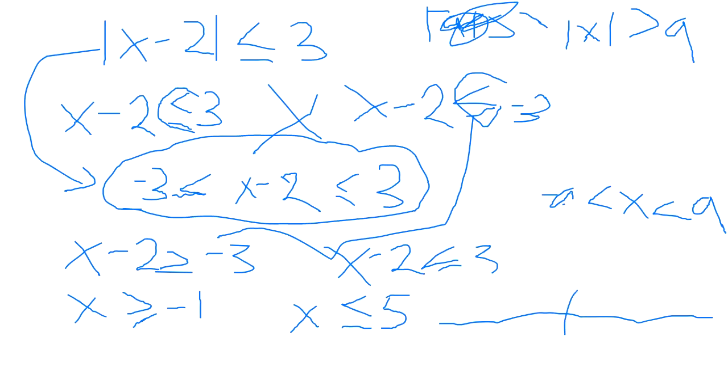So don't go and waste the time, please. So you have minus 1 here. Then you have 5 here. Now, the first answer says that X is greater than or equal to minus 1. So you shade. Then your graph goes like this. The second one says that X is less than or equal to 5. So your graph goes like this.